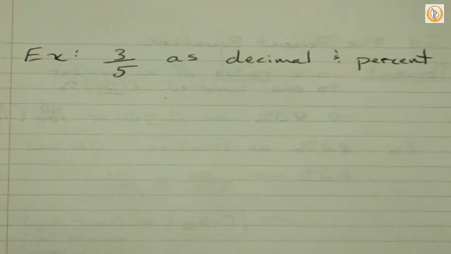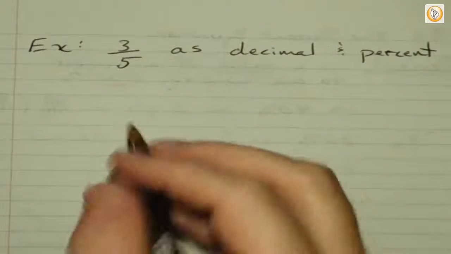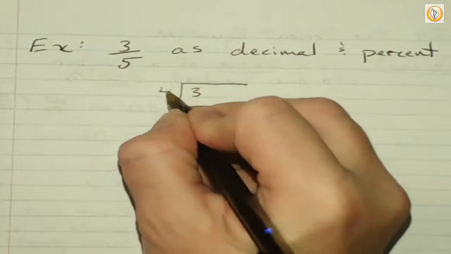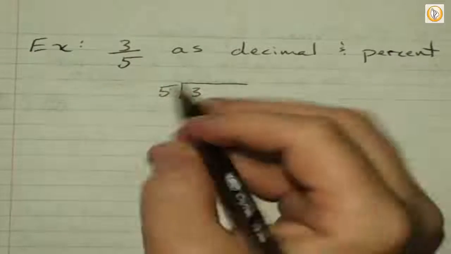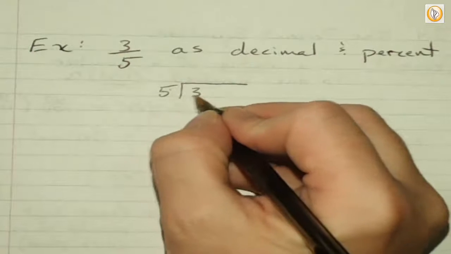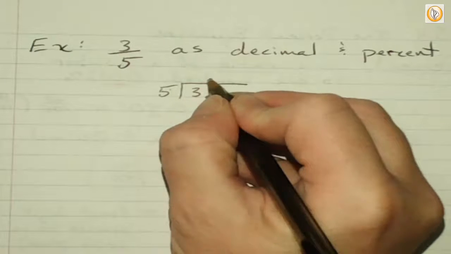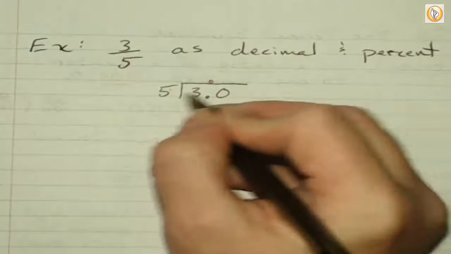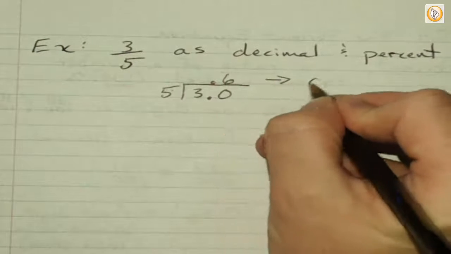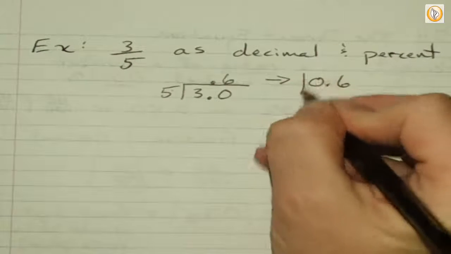Okay, changing it to a decimal, all you're doing is dividing the denominator into the numerator. 5 can't go into 3, so we put in a decimal and 0. 5 goes into 30 6 times. So your answer is 0.6.